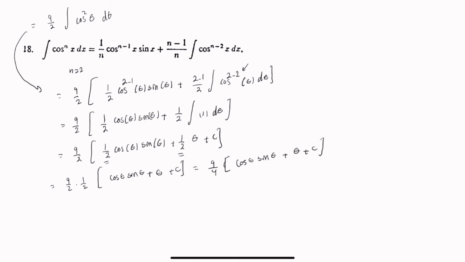Now the last step is to back substitute cosine of theta, sine of theta, and theta, since our integral is in terms of x. Remember when we made the first substitution, we had x equal to 3 over 2 sine of theta. From here we can solve for theta and then sine of theta.